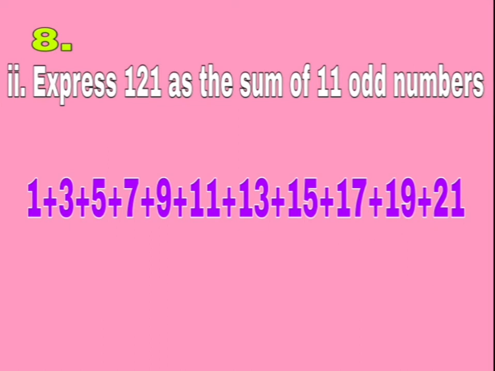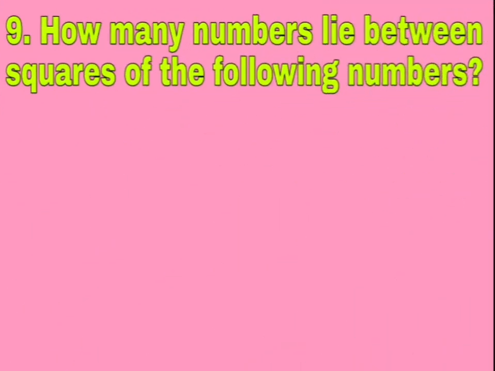So there we added 1 plus 3 plus 5 plus 7 plus 9 plus 11 plus 13 plus 15 plus 17 plus 19 plus 21. So that is our expression of 121 with the help of odd numbers only. That is the solution for question number 8.